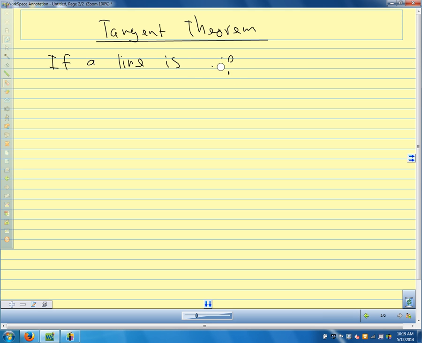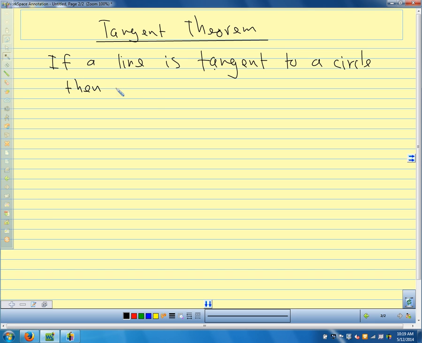Not perpendicular, tangent. If a line is tangent to the circle, then it is perpendicular to the radius at the tangent point.